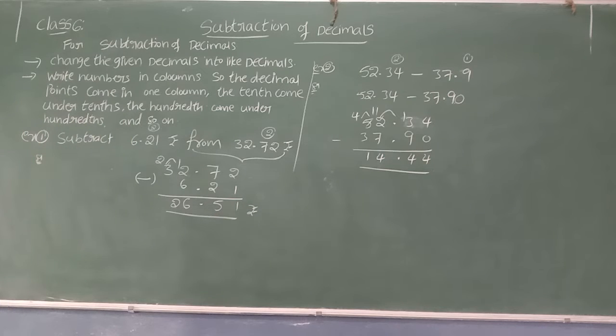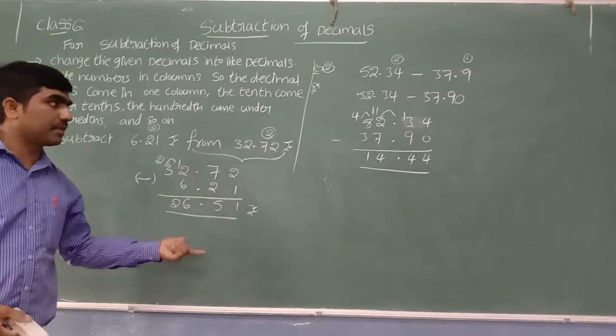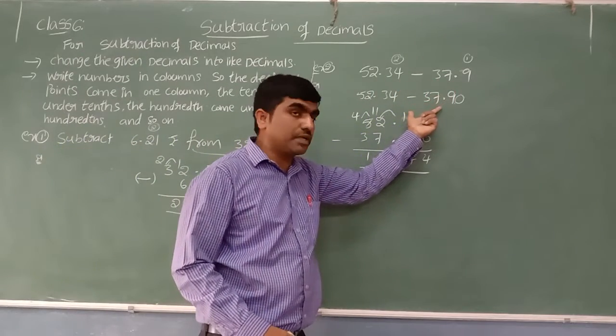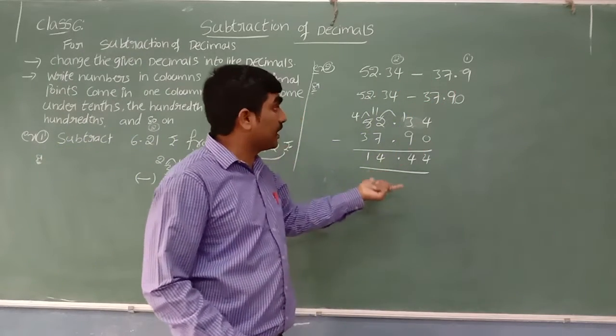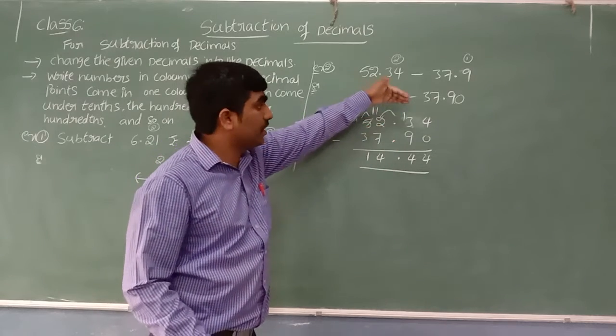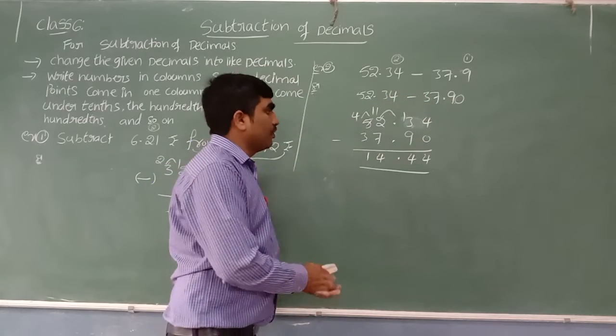Hope it is clear. What are we doing? First we check whether both decimals are like decimals or not. If they are like decimals, we can subtract. If they are unlike decimals, we convert them to like decimals first, then we subtract. And when subtracting, write the point below the point. Tenth place below tenth place, hundredth place below hundredth place. See, don't write like this.